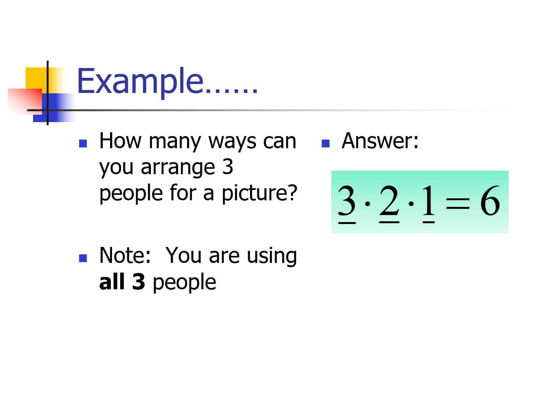Now, let us try one example. Kanina, nabanggit ko na yung permutation of objects taken all at a time. That is our first type of permutation. And that is the permutation of n taken n, which is equal to n factorial. Okay? So, the first example is, how many ways can you arrange 3 people for a picture?